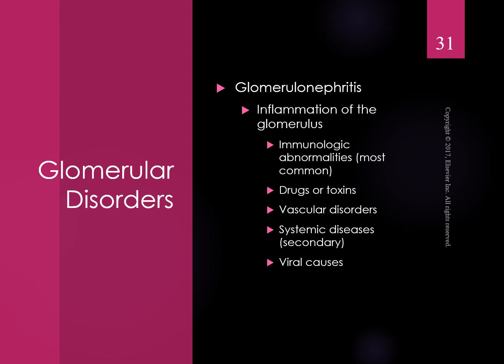Glomerular disorders. Glomerulonephritis is inflammation of the glomeruli or glomerulus. There's usually glomerular damage. Any damage to the glomerulus can decrease the efficiency of filtration. Damage to the glomerulus will allow blood cells, lipids, or proteins to pass into the urine.